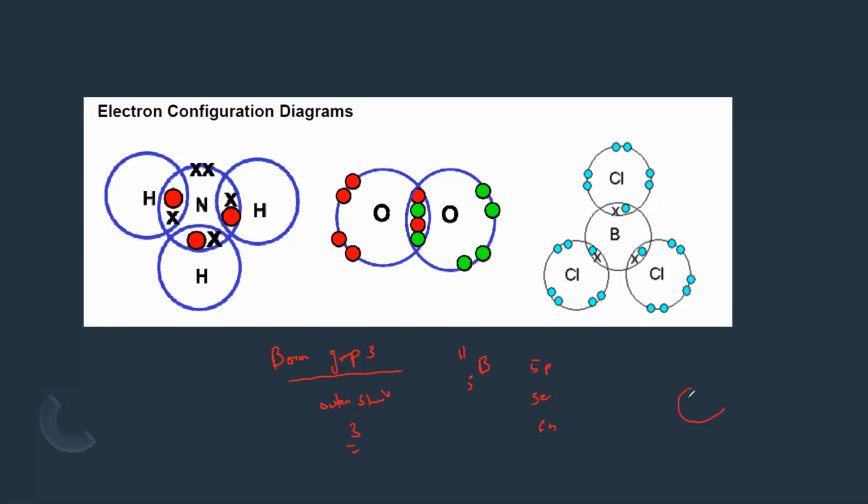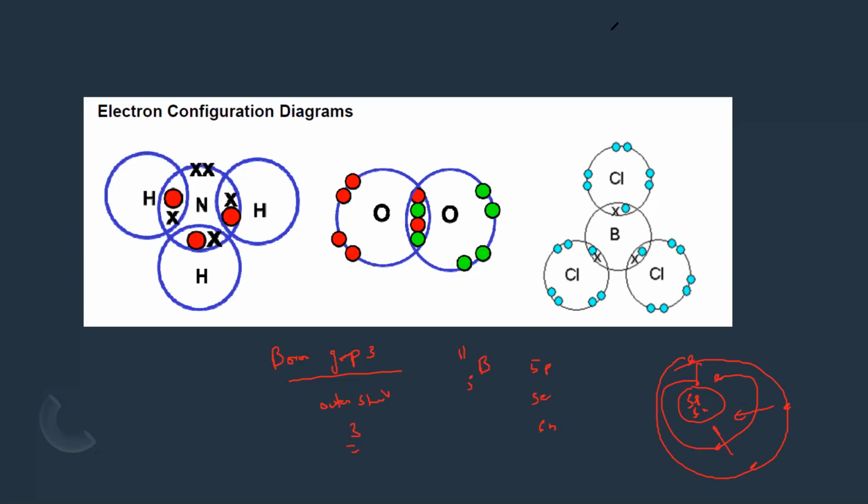When we draw the structure, the nucleus contains 5 protons and 6 neutrons. The first shell has 2 electrons and the second shell has 3 electrons. But because it is smaller in size, it is not able to lose its electrons easily. That's why, instead of losing electrons, it shares them.